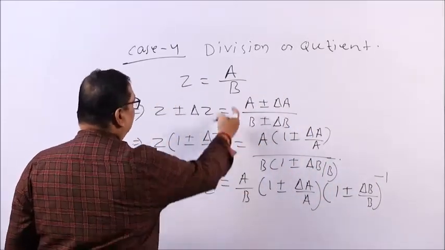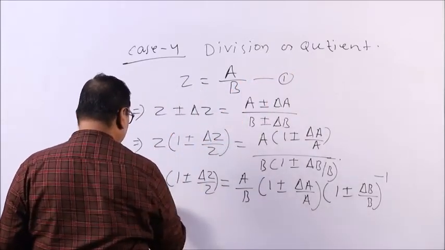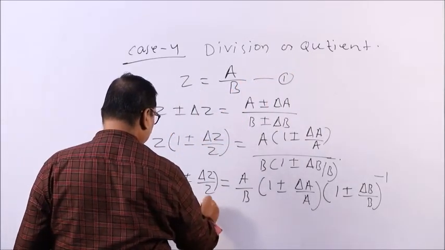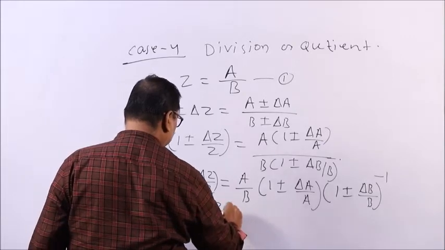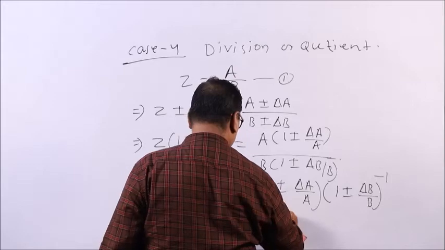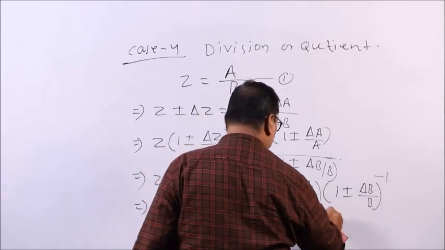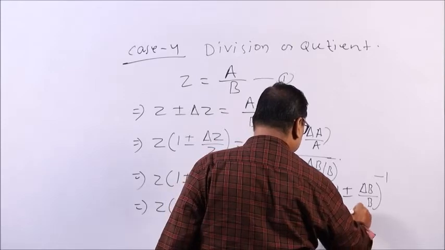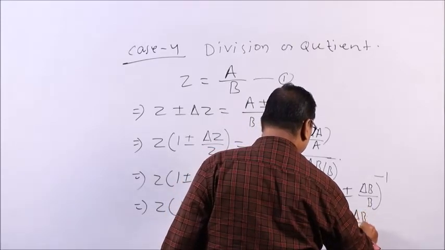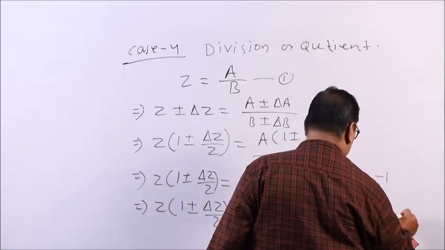So, here a by b equal to z in equation 1, implied 1 plus minus delta z by z equal to z, 1 plus minus delta a by a into 1 minus plus delta b by b according to binomial theorem.